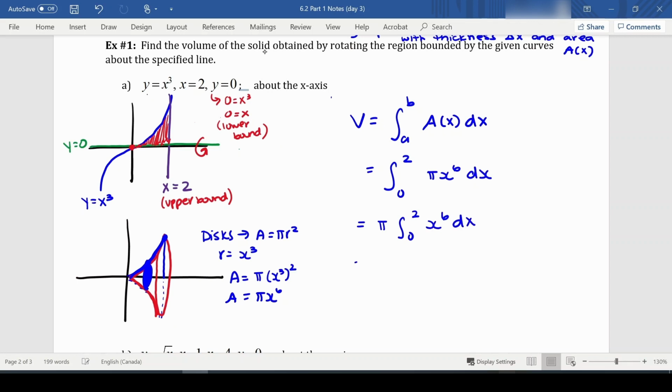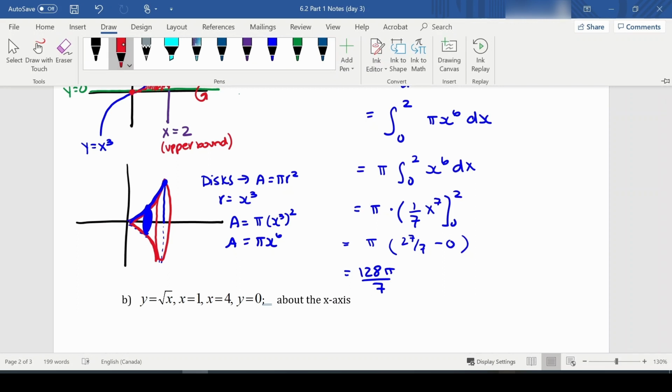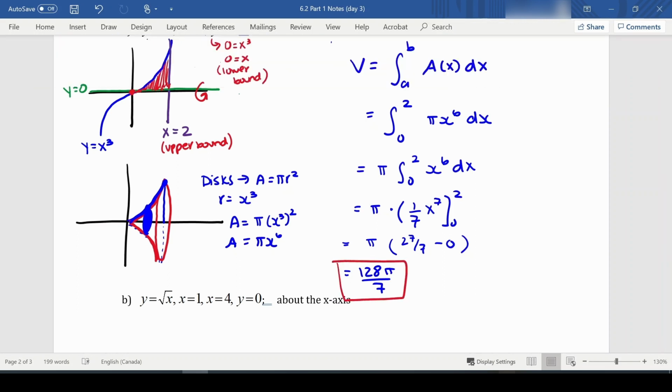We can take that pi out, which gives us pi times 1 over 7 x to the 7th from 0 to 2, or pi times 2 to the 7th over 7 minus 0, or 128 pi over 7 is the volume of our object. Okay, so note our cross-sectional area is a disk.